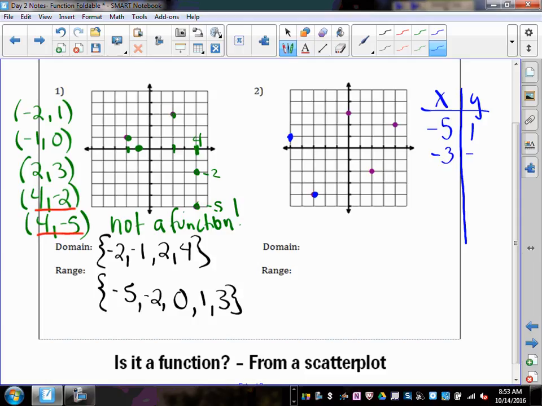Good, negative 3, negative 4. This one? 0, 3. This guy? 2, negative 2. And this one? 4, 2. Alright, is this a function? Yeah, none of my x values repeat. So yes, a function.